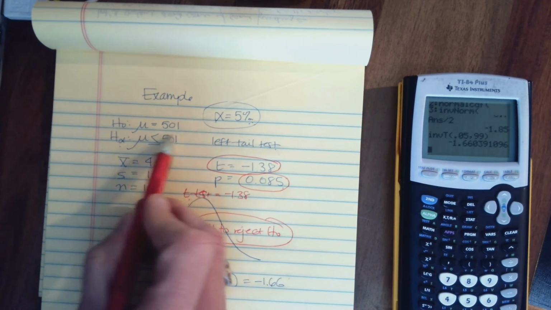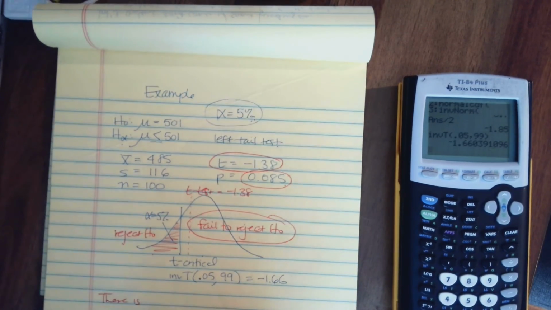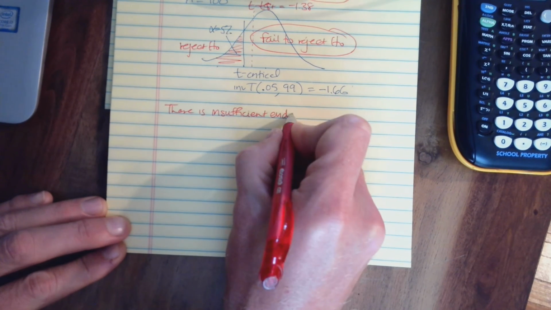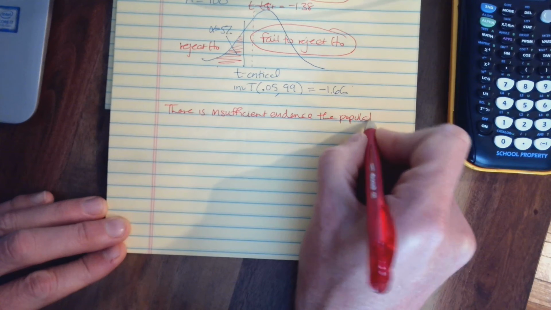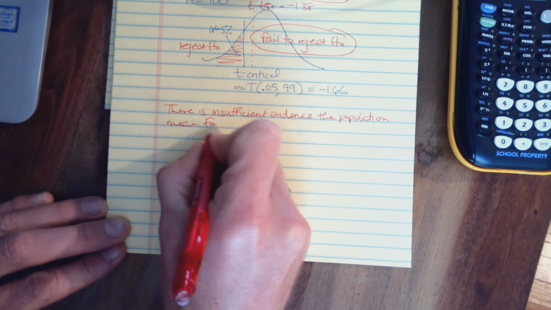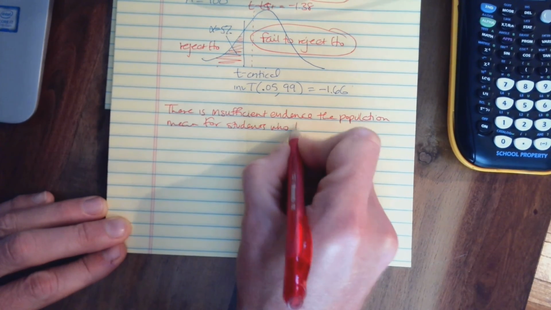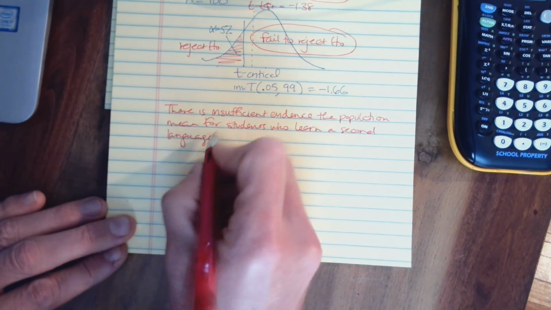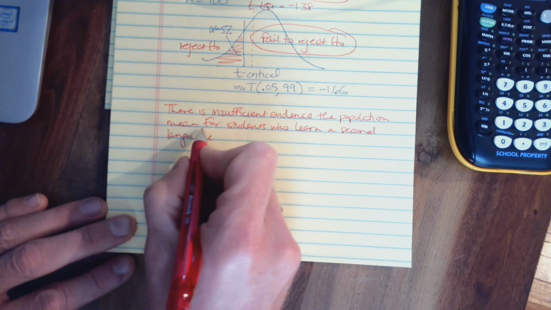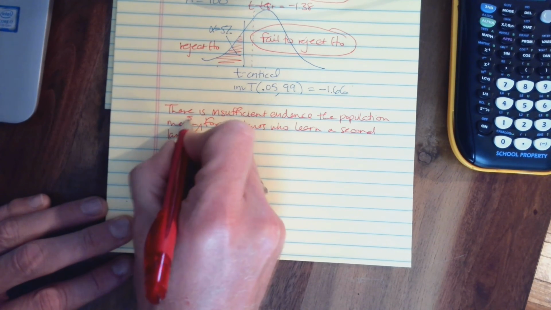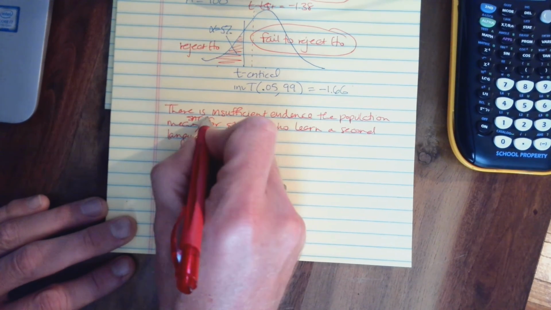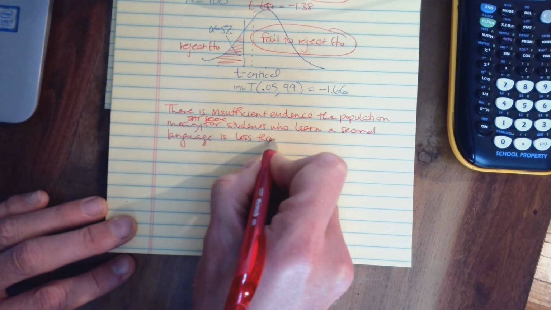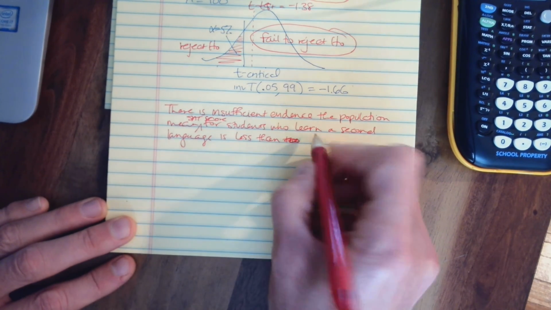So what does that say? Well, if I don't reject this, that means there is insufficient evidence that the population mean for students who learn a second language simultaneously with English, the population mean, I should have said, mean SAT score for students who learn a second language, is less than 501.